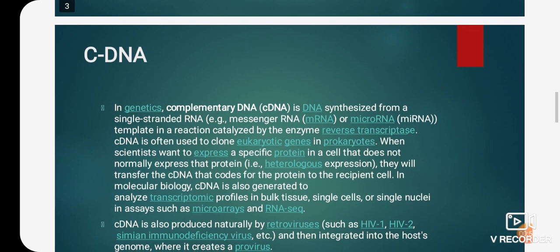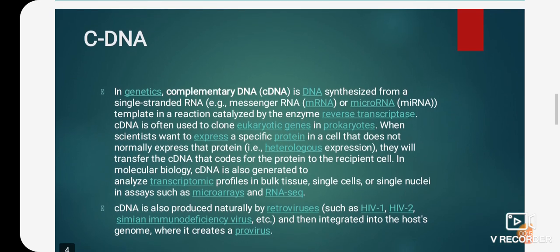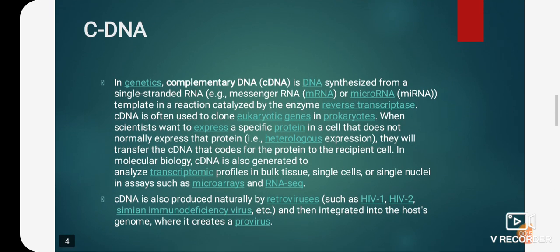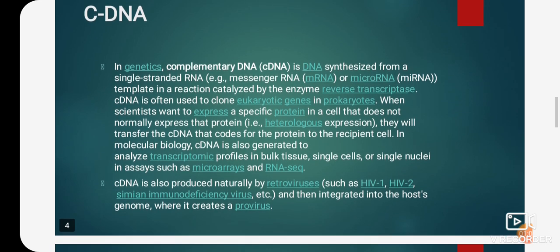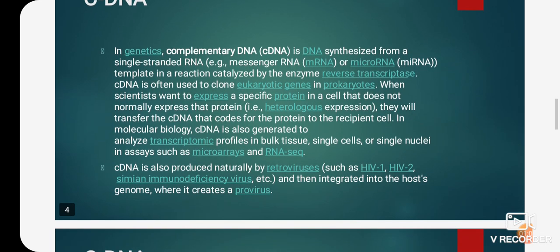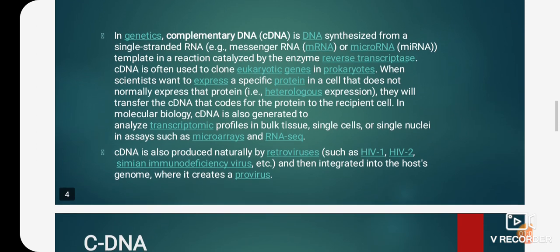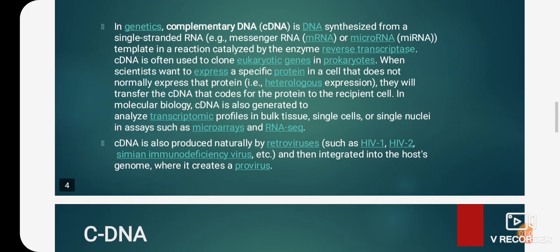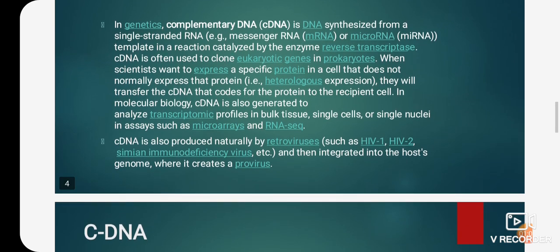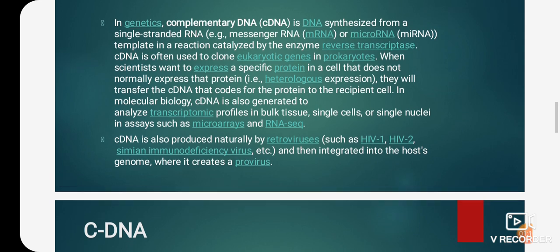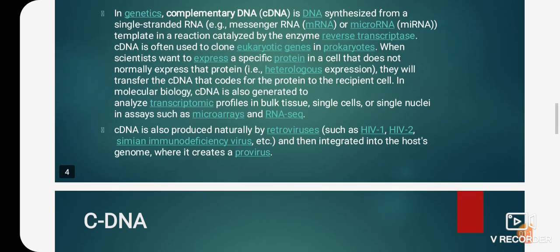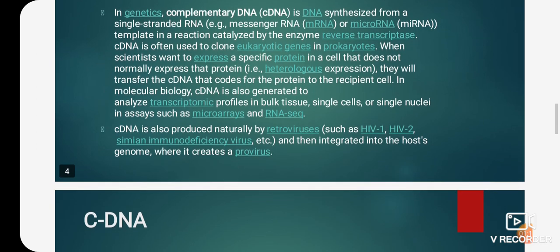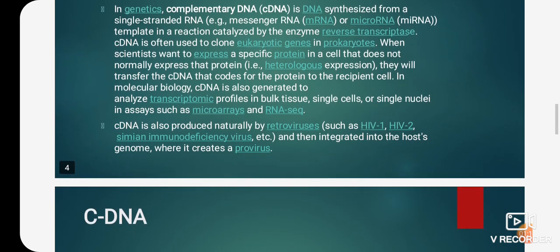Students, in genetics, complementary DNA or cDNA is DNA synthesized from single stranded RNA, for example messenger RNA or microRNA template, in a reaction catalyzed by the enzyme reverse transcriptase. cDNA is often used to clone eukaryotic genes in prokaryotes.